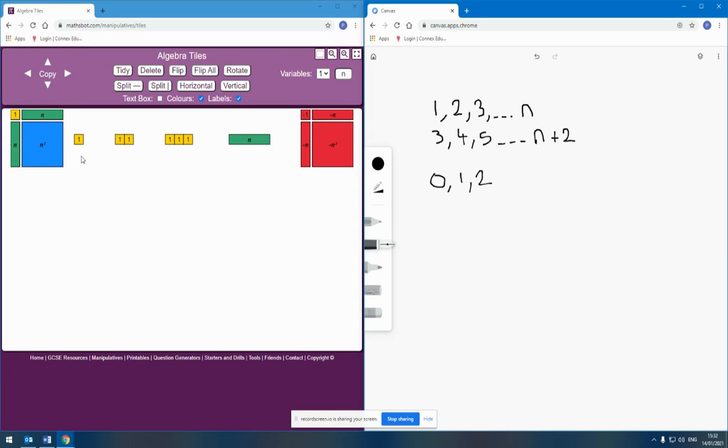I can say, well, to make this 0, I'm going to need to subtract 1, and I'm not going to pair those at this point because I want to be able to see the original 1, 2, 3. And to make this 1, I'm going to subtract 1. And to make this 2, I'm going to subtract 1. So in general, what I've done here is subtracted 1 from each term. So this must be the sequence n minus 1.